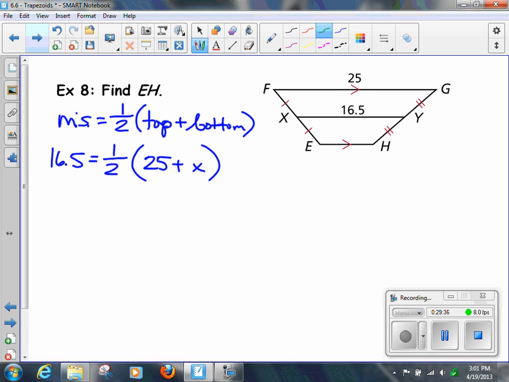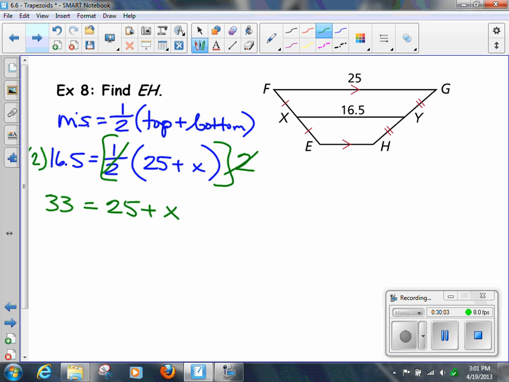Mathematically, watch this. What's the reciprocal of 1/2? So if I multiply this side by 2, of course what I do to one side, I've got to do to the other. Write this down. My 2's gone. What's 2 times 16.5? 33. And then aren't I left with 33 is equal to 25 plus x?